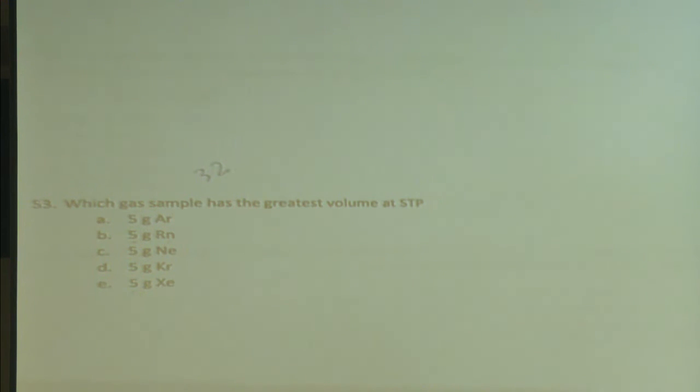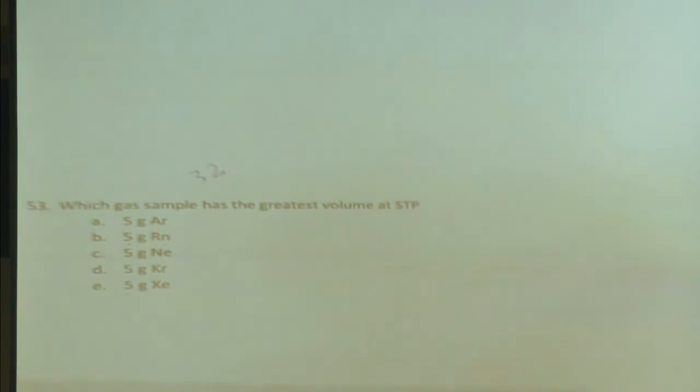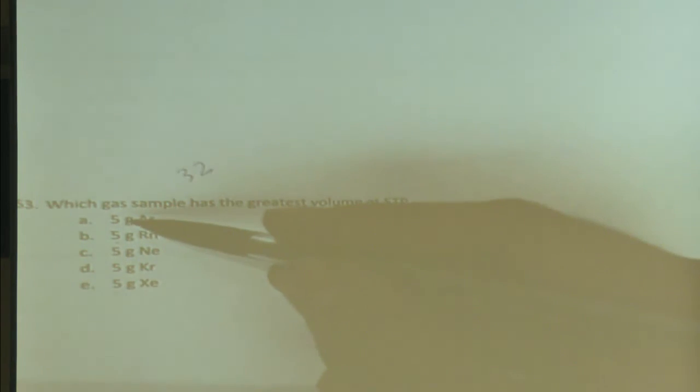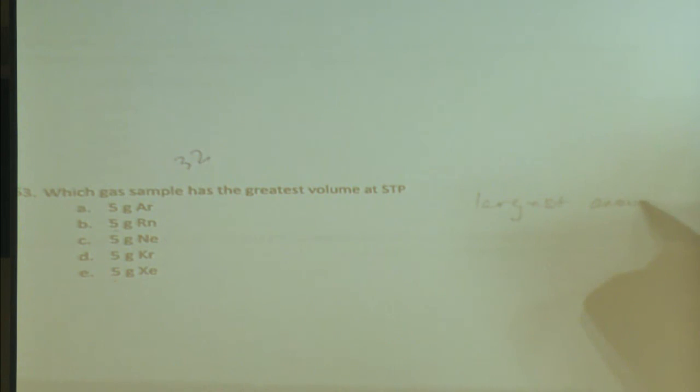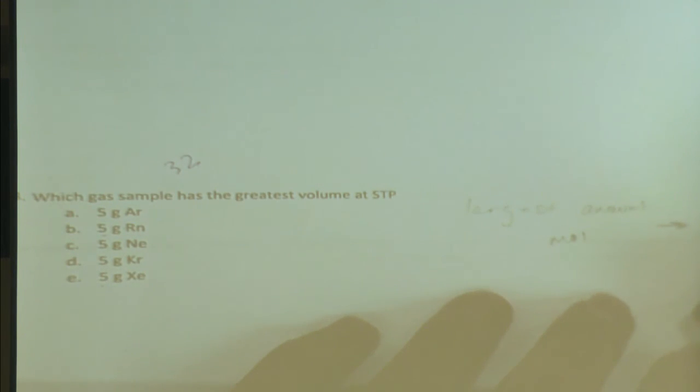And since 22.4 is a constant that we're just going to be multiplying these numbers by, what would we want these values to look like to get the greatest volume? What would we want? The largest amount of moles or the least amount of moles? Largest amount of moles. And so we want largest amount of moles. Largest amount of moles gives us largest volume.